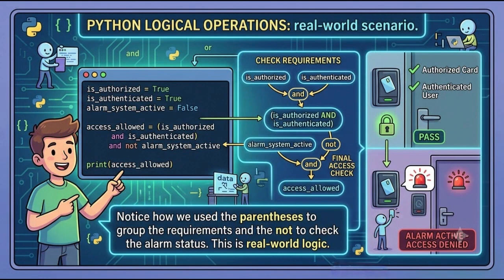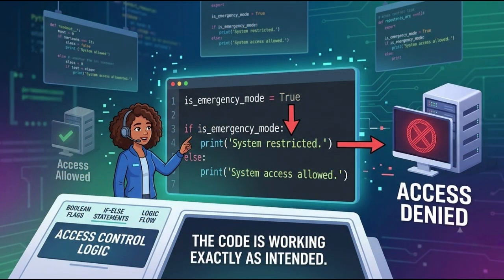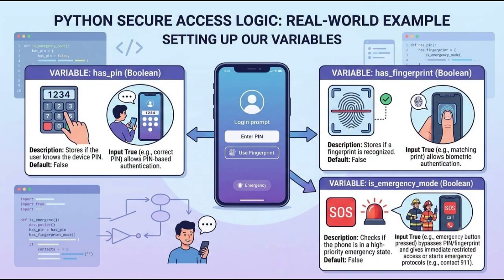Notice how we used the parentheses to group the requirements and the not to check the alarm status. This is real-world logic. Let's change is_emergency_mode to true and run it. See? Access denied. The code is working exactly as intended. The rule is, you need the PIN and the fingerprint, but only if we are not in emergency mode.